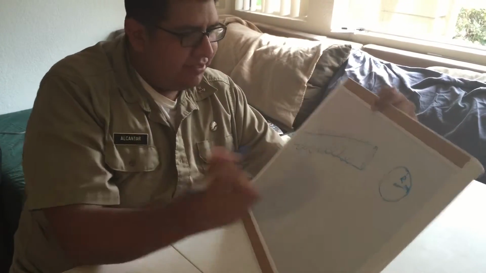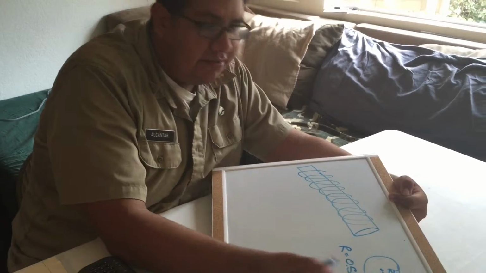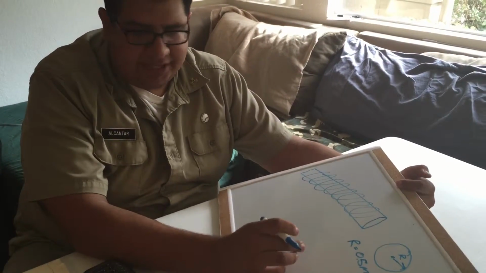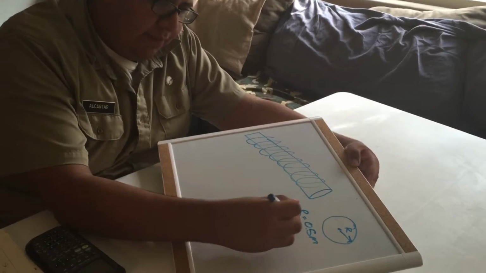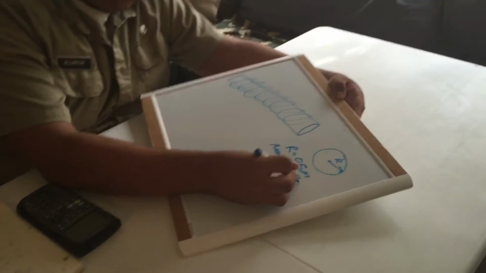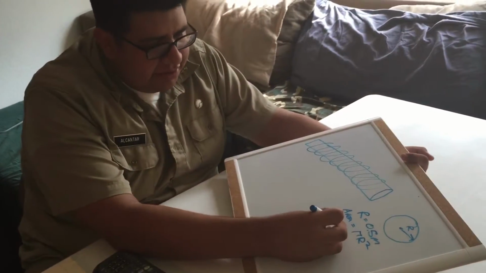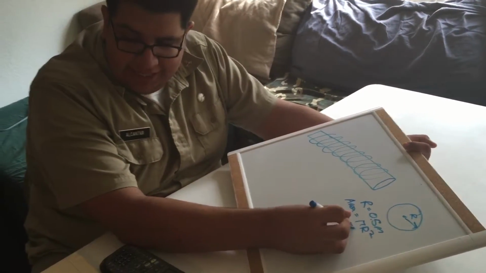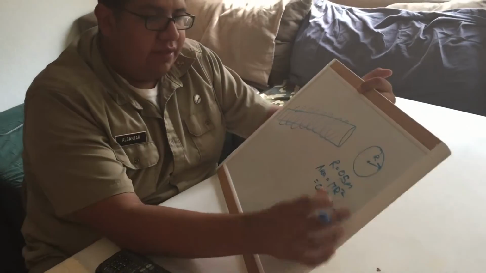Let's say R is going to be 0.5 meters, just throwing numbers out. Our area is going to be pi r squared, which I did the calculations for, and it's going to be 0.7853 meters squared.